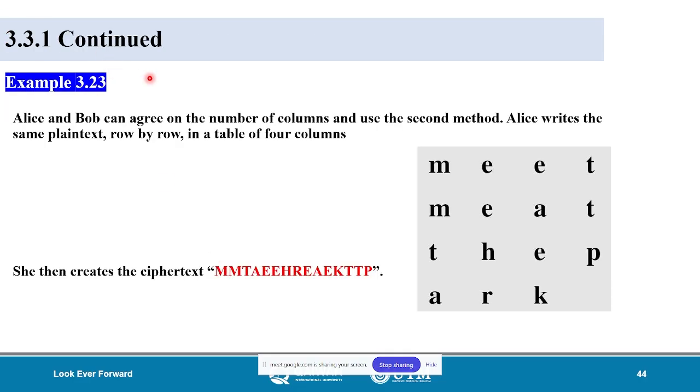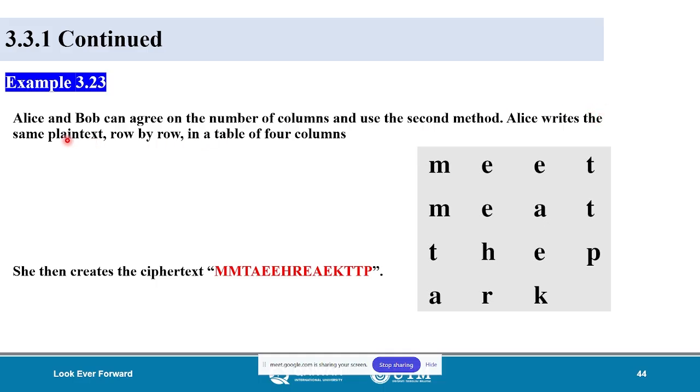Alice and Bob can agree on a number of columns and use the second method. The other one was the first method. Now, let's say Ahmed and Ali agree on a number of columns. These are rows, and these are the columns. Let's say they agreed that the number of columns would be 4.